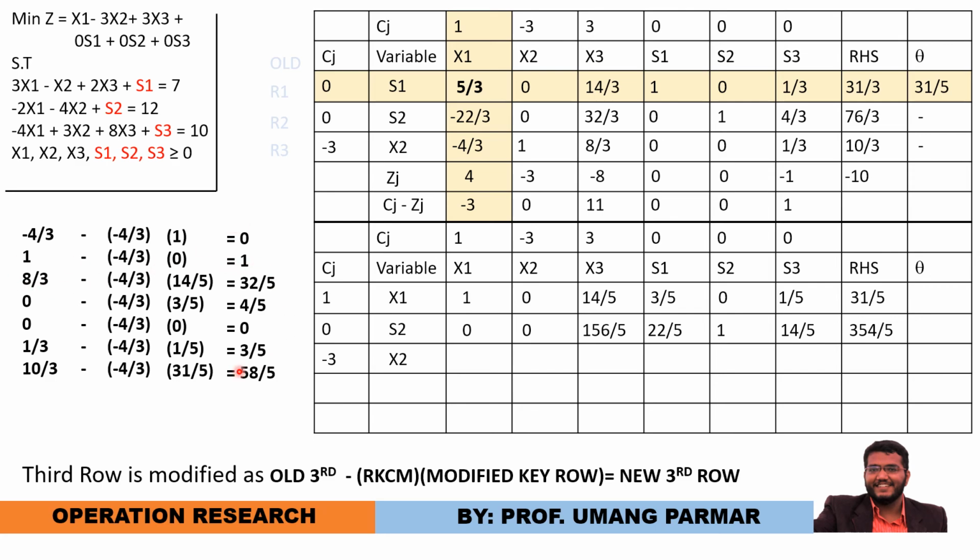In the same way, with these modifications you get 1, 32/5, 4/5, 0, 3/5 and 58/5. These are the members of my new third row, and I am writing them in this row. So this is how we got our new simplex table. This is my third iteration, and in it I got x1 equals 31/5, s2 equals 354/5 and x2 equals 58/5.